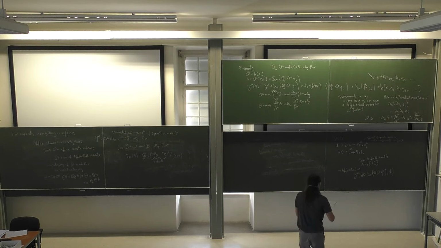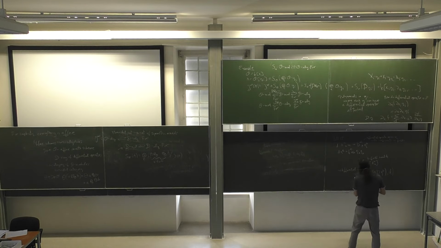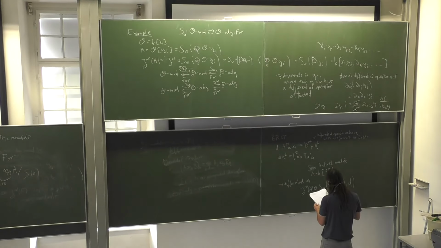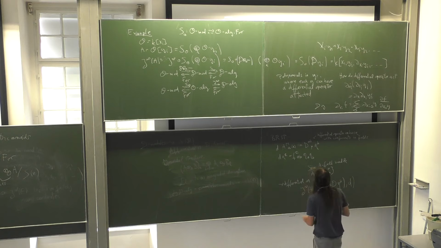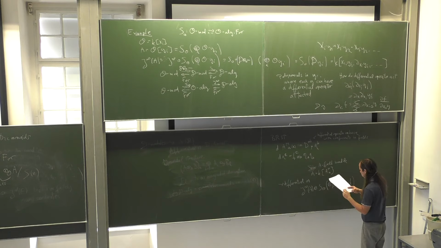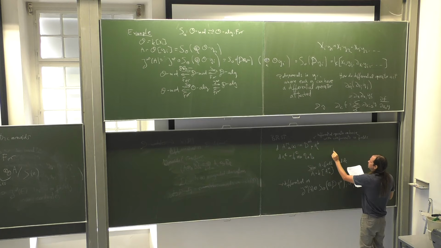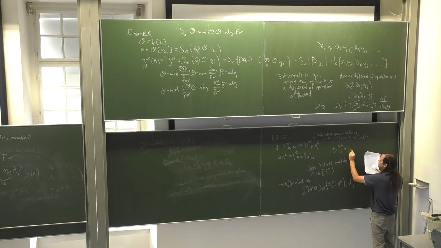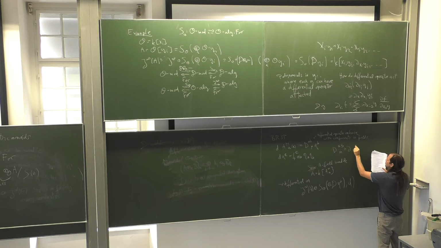So D_mu on A^a is the partial derivative with respect to mu, delta^{ab}, minus f^{abc} A^c_mu.